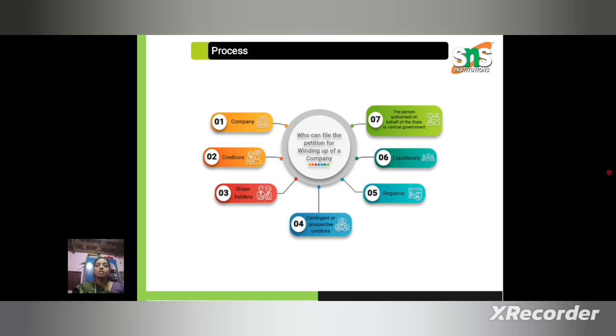What is just and equitable is a question of fact determined by the facts of each case. The tribunal generally considers the interests of the company and its employees.